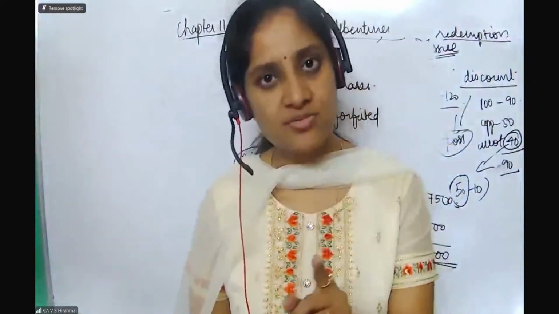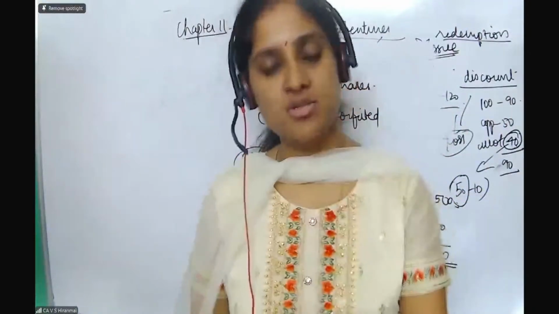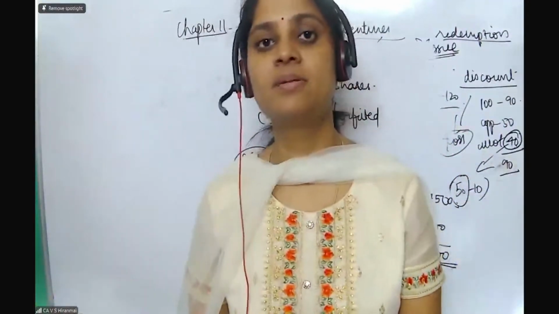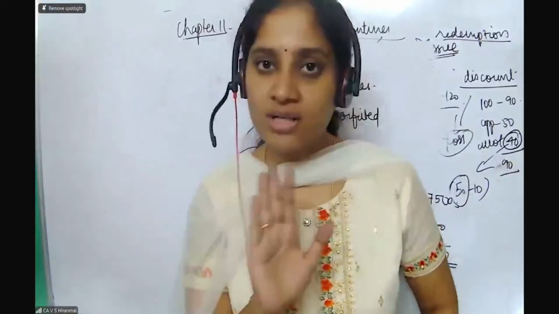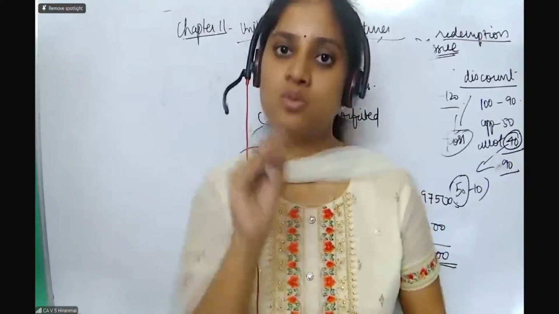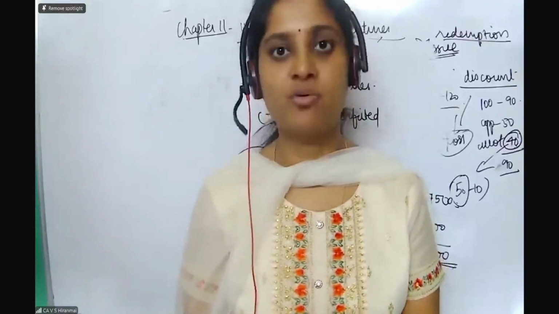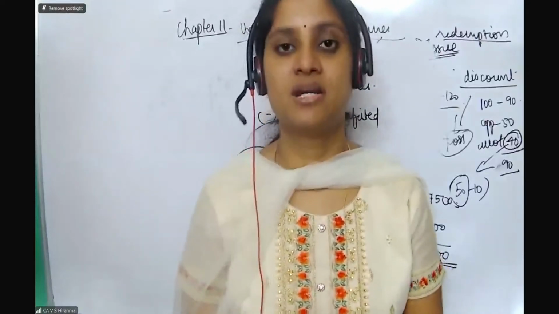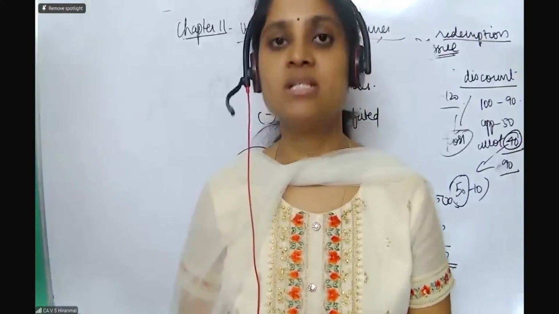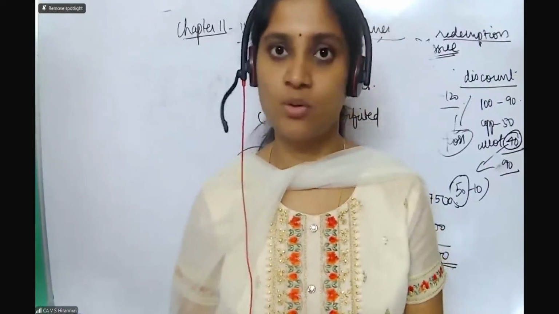Did I take 1500? No, because the remaining 1000 shares of Shyam, he has already paid the premium value. So for him I have not considered, because the concept says that for the person who has not paid the securities premium alone, in the share forfeiture, debit the securities premium account because that is also like a loss for the company.